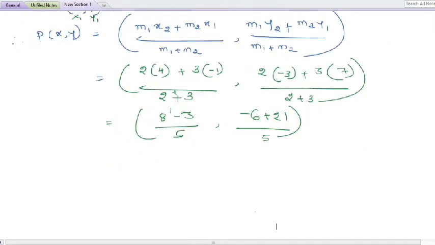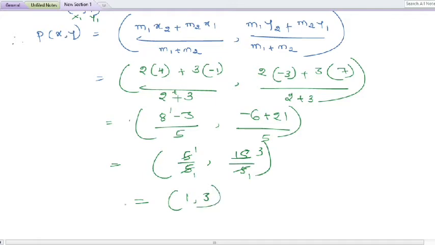Now you will get 8 minus 3 is what? 5, 5 divided by 5, comma, 21 minus 6, 15, 15 by 5, here 5 ones 5, 5 3s 15, which is equal to 1 comma 3.